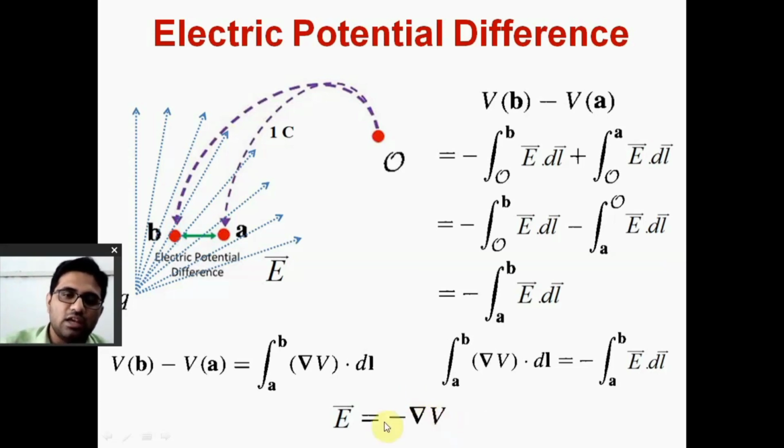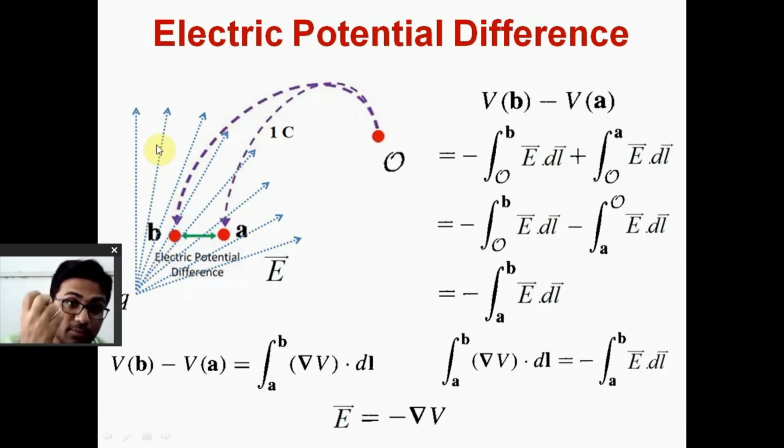And why is this minus sign coming? Because here you can see that if we go from this charge q to any further point, the potential value will decrease, right? That means if we go from q to a further point, the potential value is decreasing along the radial direction, and this is the direction of the electric field.